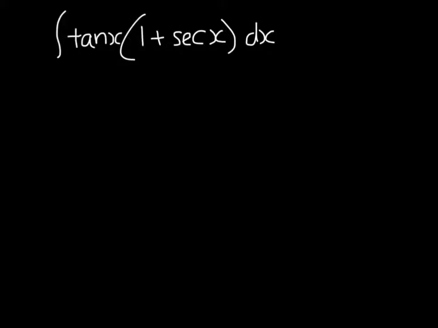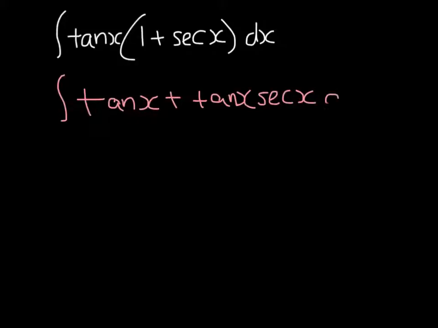The last one's a bit more complicated. First, we're going to start just by distributing out the multiplication. So we have tangent x plus tangent x secant x dx. Now we can rewrite these two functions in terms of sine and cosine.